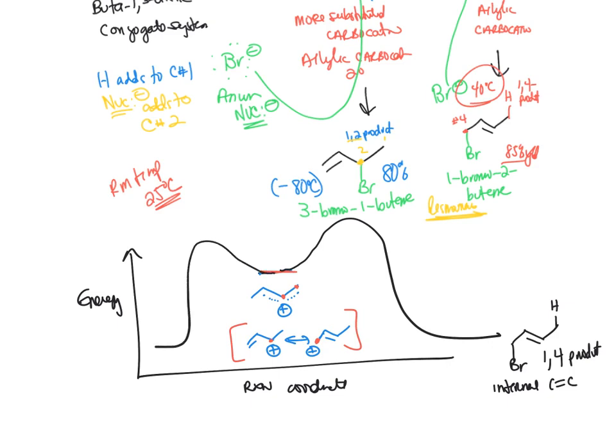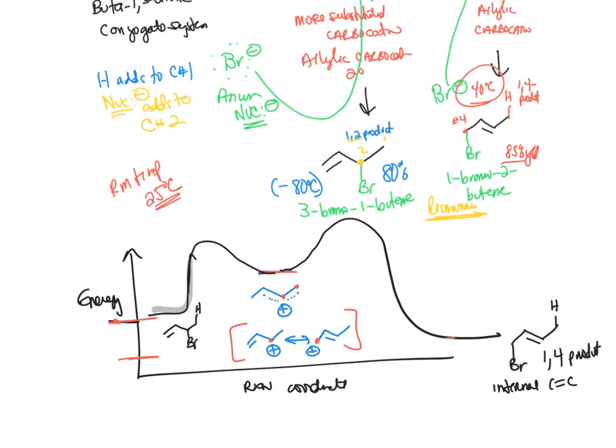If you come here, you're going to have something less stable. So you can see your energies here versus your energy here. Hydrogen adds there and bromine adds there.